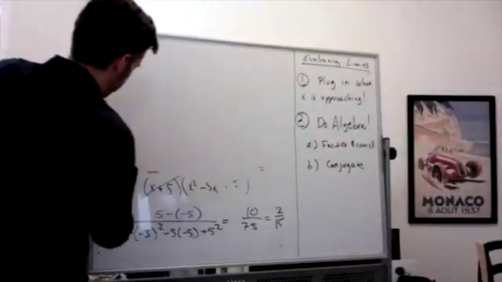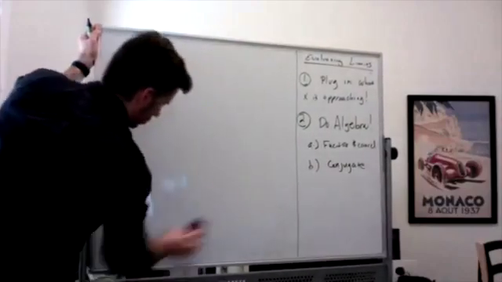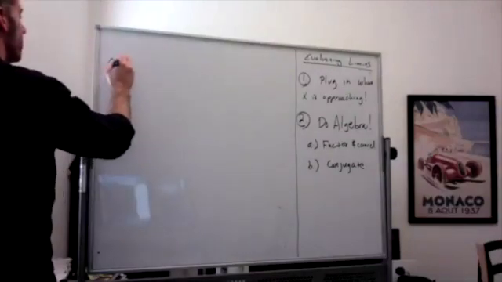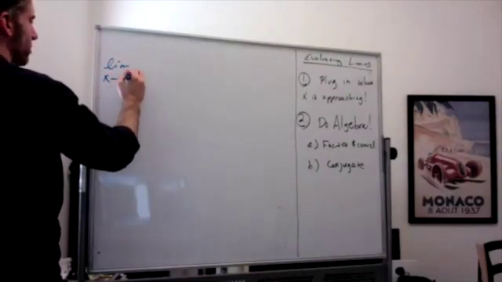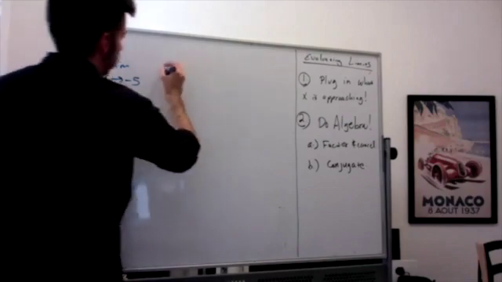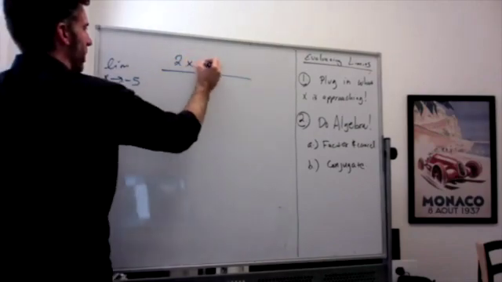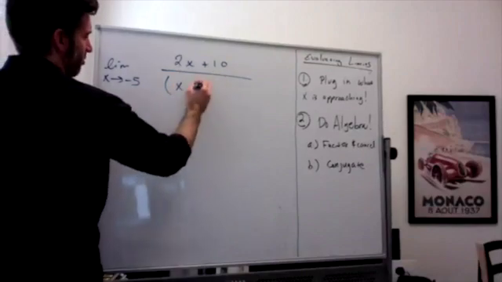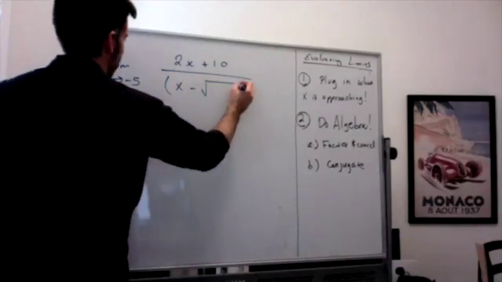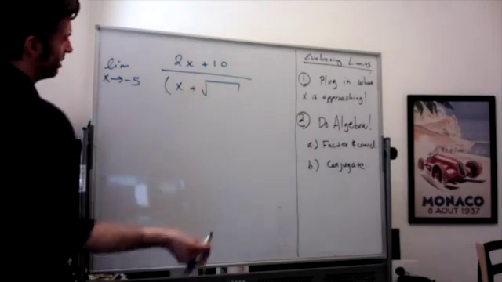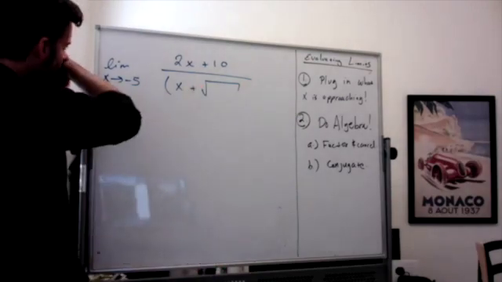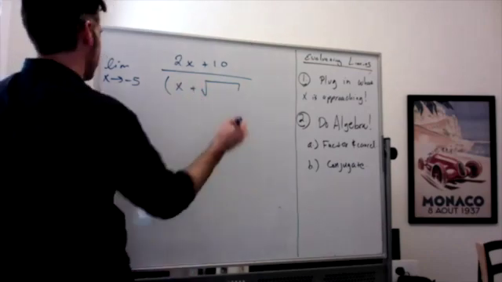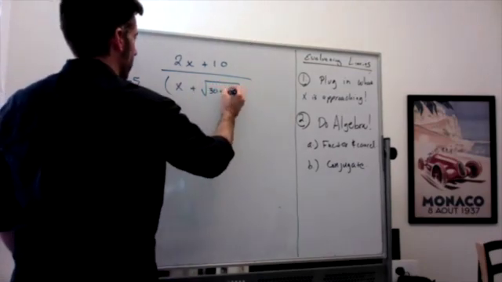So let's say we have the limit as x approaches -5 of, let's make it fun, 2x plus 10 over x plus the square root of, I don't know, I'm making something up, 30 plus x.